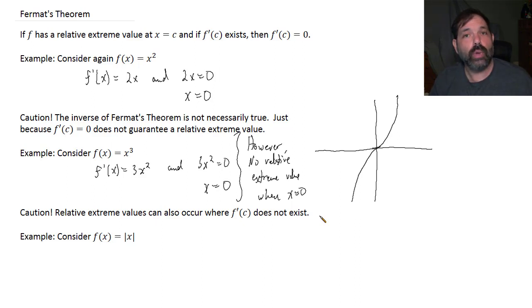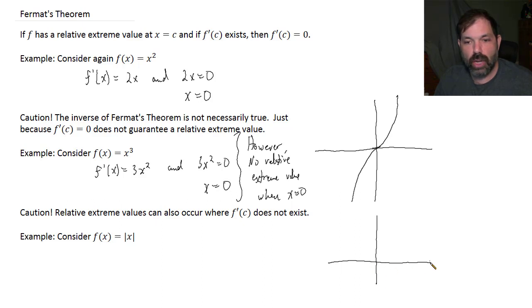Also, we have to be aware that relative extreme values can also occur where f prime of c does not exist. If we consider the absolute value function, that is that v-shaped curve. Right?